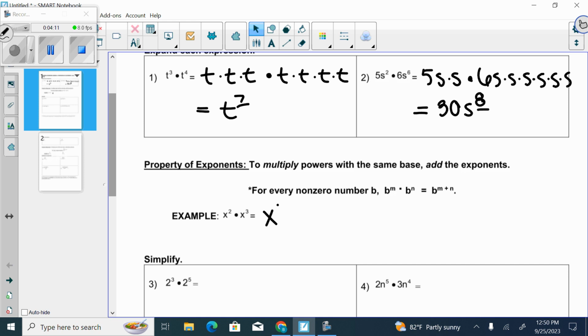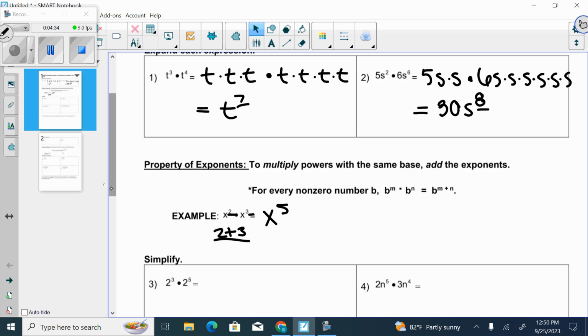Very good. And how did we get that 5? We just add the exponents. So instead of writing it all out, we just added our 2 plus 3 to give us that exponent of 5. This way you don't have to write it all out like we did up at the top every single time, because that would get annoying, especially when the numbers are really big, right?